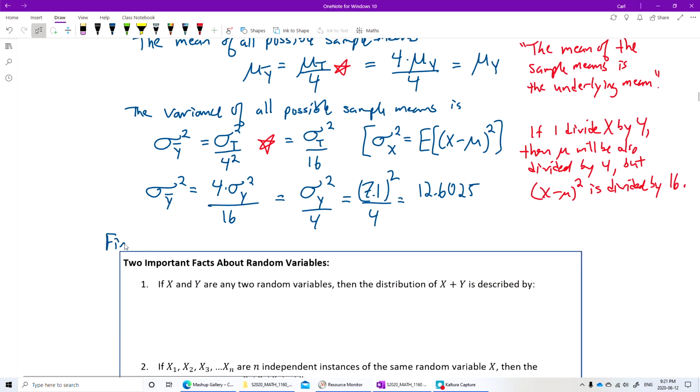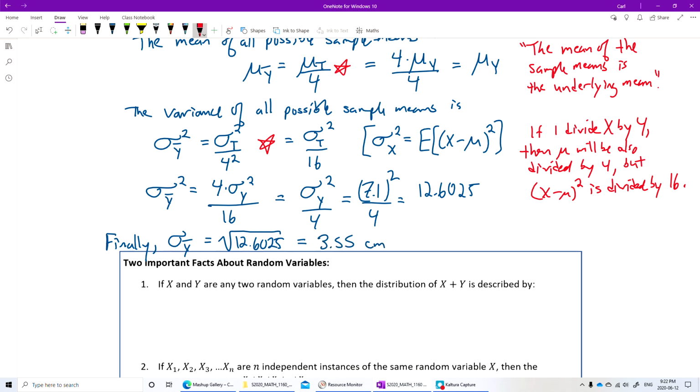And so what does that mean about, finally, what about sigma? That's what I'm getting at. What is sigma of y bar? It's going to be the square root of 12.6025. Square root of that, 3.55.